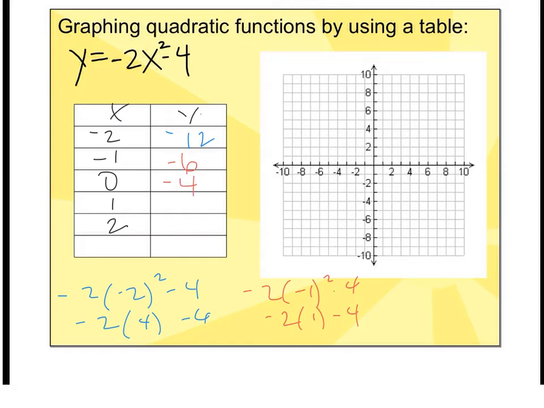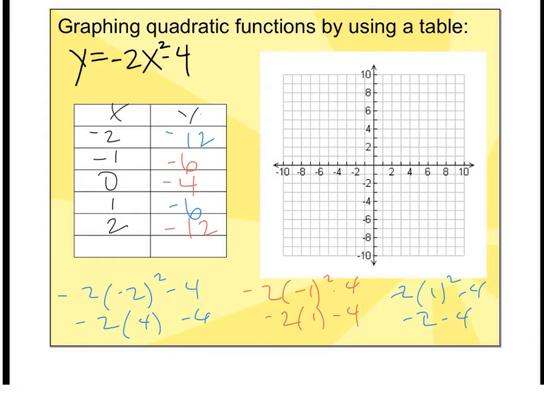Let's do +1, so I get -2 times 1 squared minus 4, -2 minus 4, -6 again, and then if we plug in +2, you're going to get a -8 minus 4 again, so -12. Some of you maybe notice there are some patterns here. Remember that parabolas have symmetry, so it's not a coincidence that both x being 2 and -2 give us a y of -12.